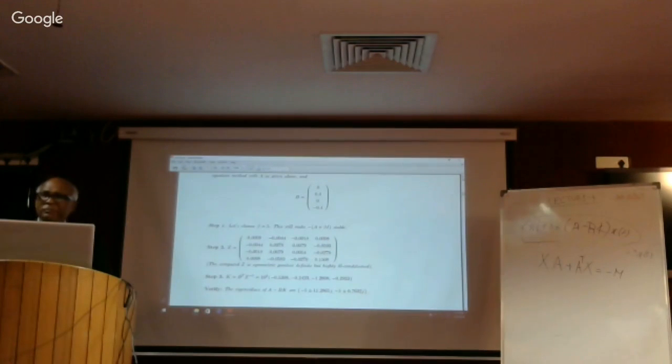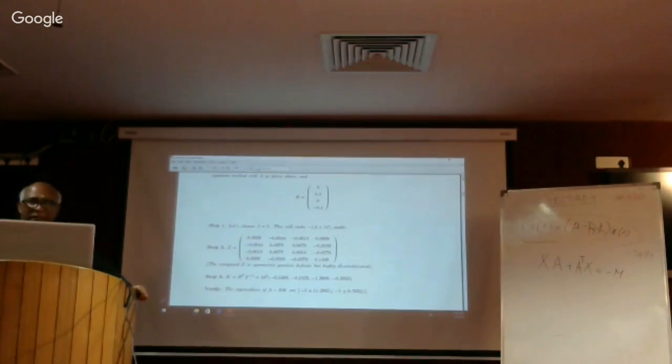And from the design point of view, what is the problem then? G is highly ill-conditioned. So what happens from the design point of view? Well, if G is very highly ill-conditioned, then the matrix G inverse will have large numbers.